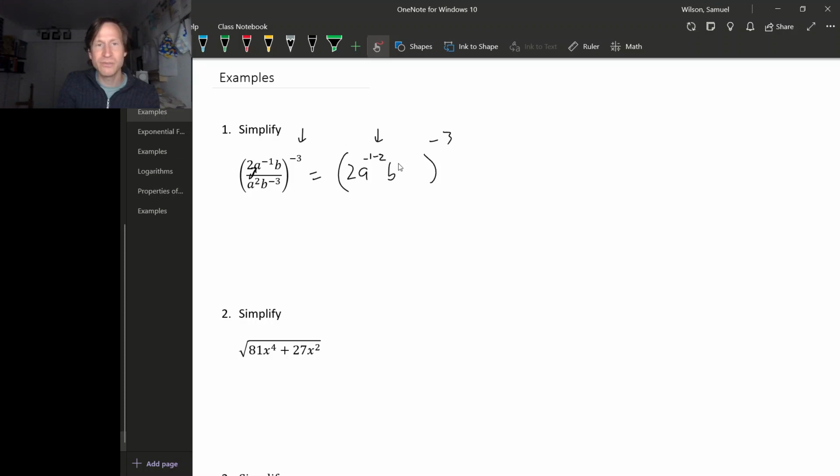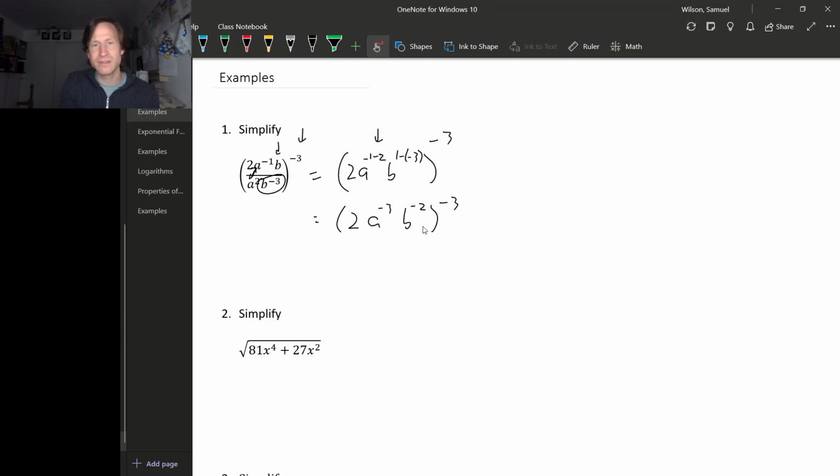For our b's, we have b in the numerator, it's just b, in other words, b to the first. And then the other factor of b is in the denominator, so this is minus negative 3. So this is 2 times a to the minus third times b to the minus second.